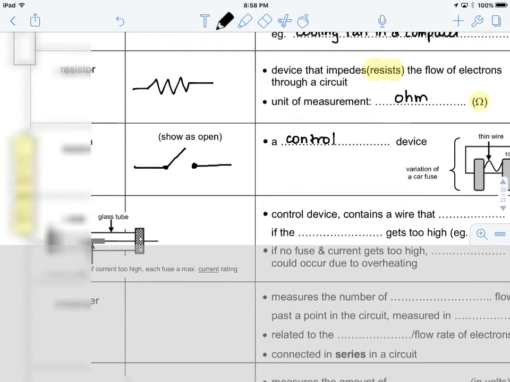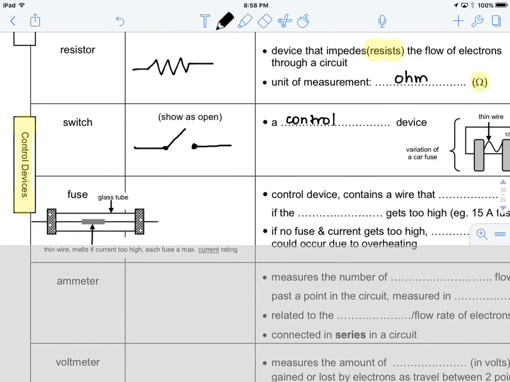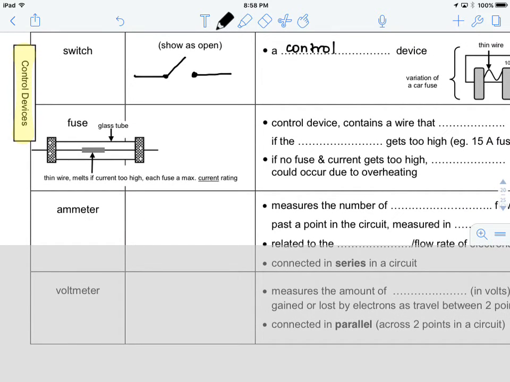And the reason that we call it that is because we use these control devices to control the flow of current.